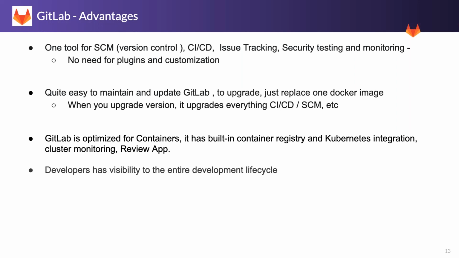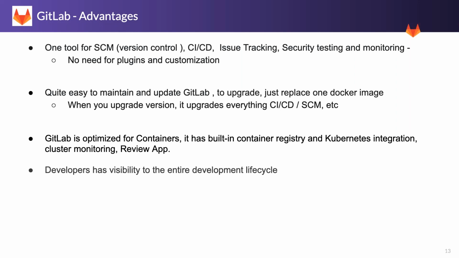It's very easy to maintain and update GitLab. So for example, if you want to upgrade GitLab, you just need to replace one Docker image. And when you upgrade this Docker image, it upgrades for you not only the CI, but the CI/CD, issue tracking, and all of the components by replacing one Docker image, and very easy without a risk. You don't need to be scared.